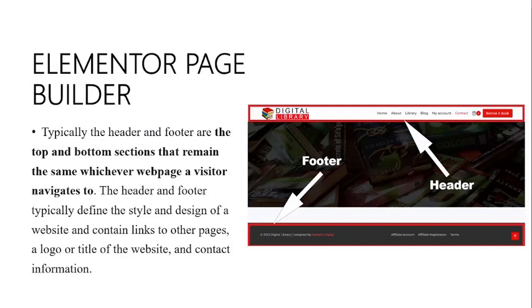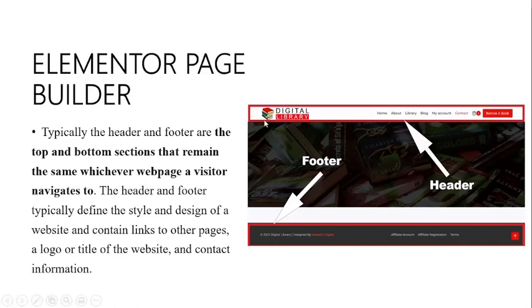Now what is really a header and footer? Okay, so I think I made a mistake over here. It's supposed to be header and footer. So what is a header and footer? Typically the header and footer are the top and bottom sections that remain the same whichever web page a visitor navigates to.